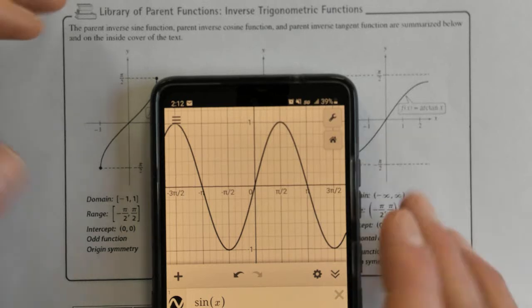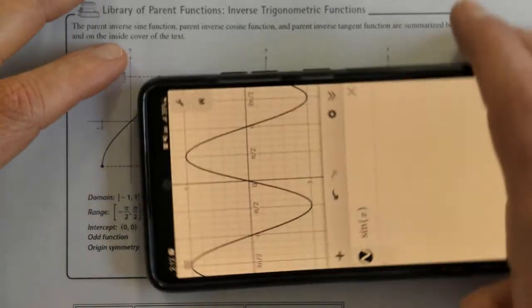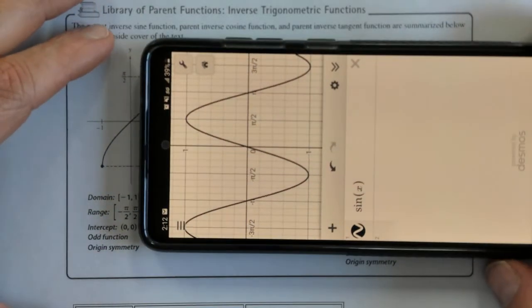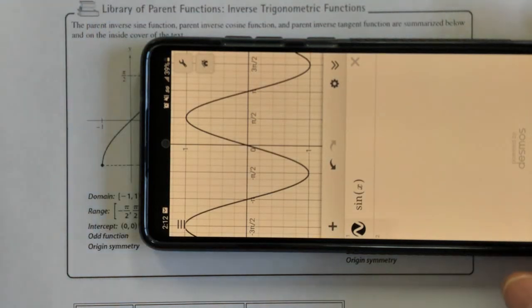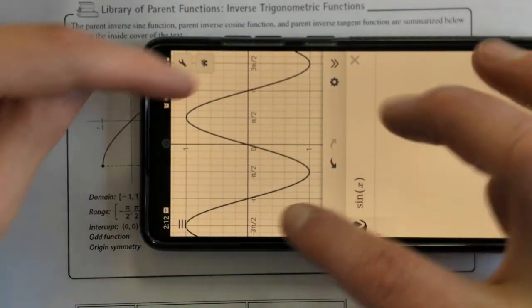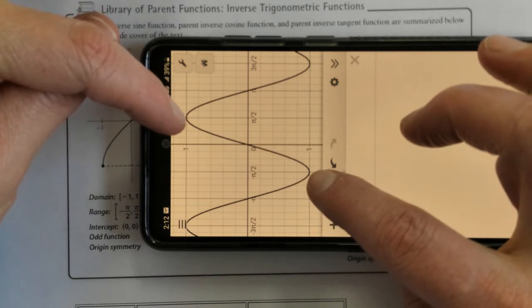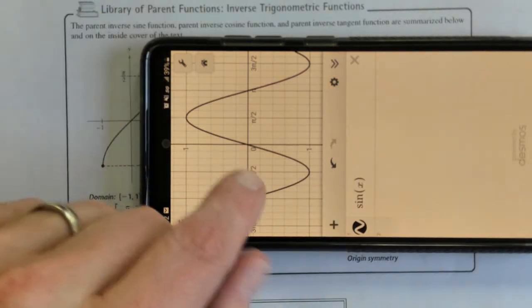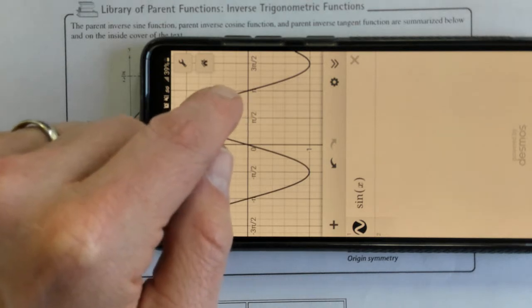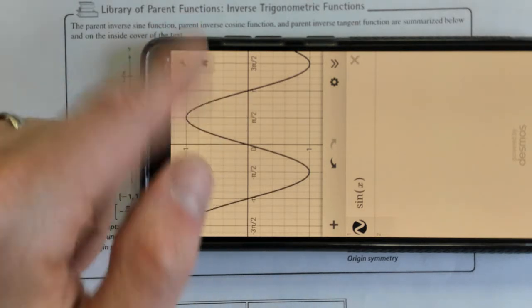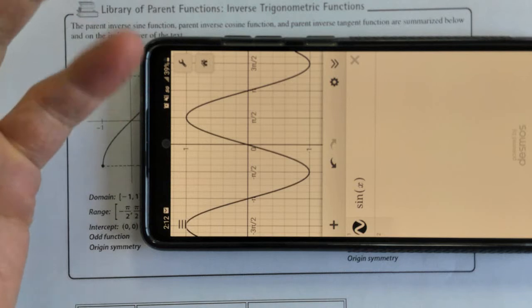Now, if I take this and turn it sideways, it is not a function unless you restrict the range to half a period. Does that make sense? Because as soon as this comes back and goes back over itself, it fails the vertical line test and it's not a function anymore.